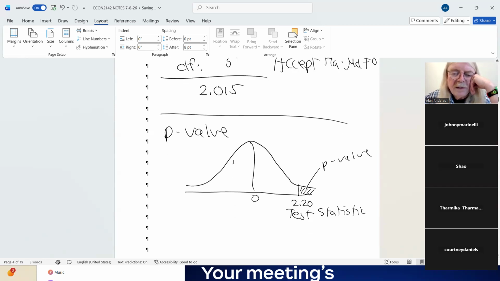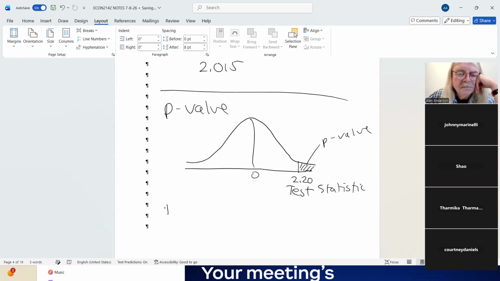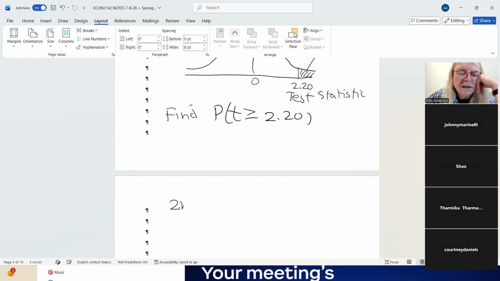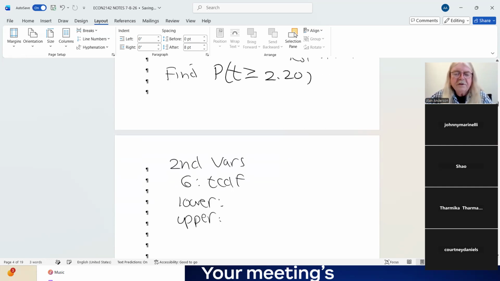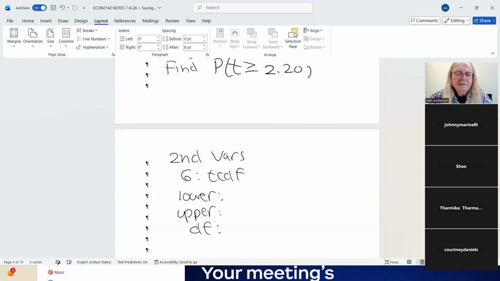So what we need to do here is look at the probability that t is greater than or equal to 2.20, which we can find in our calculator, second vars, 6 TCDF, and it needs lower and upper, and degrees of freedom, which is 5.